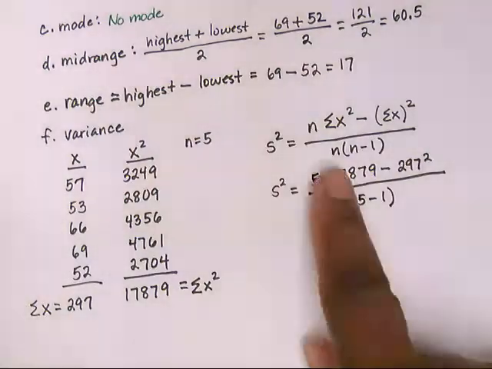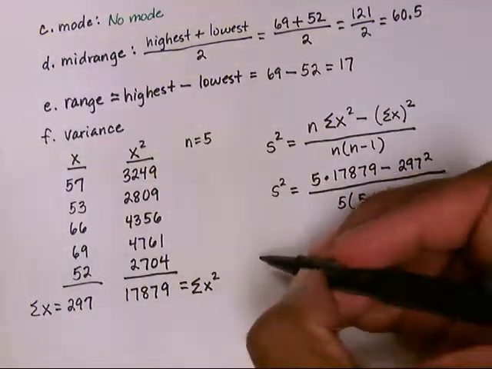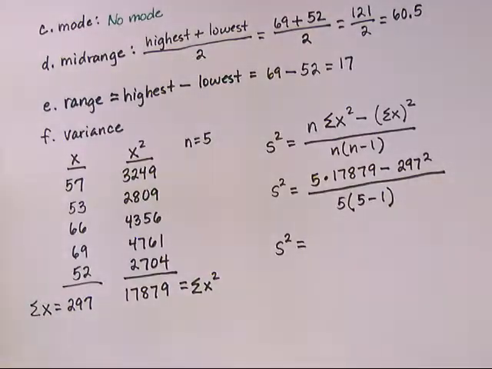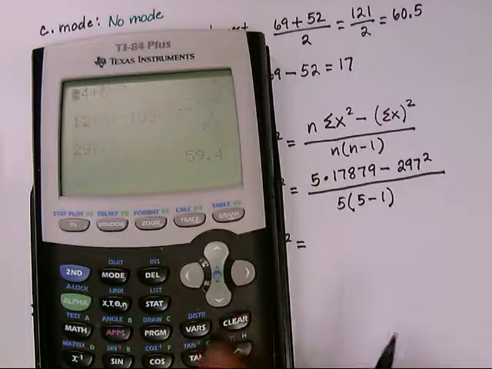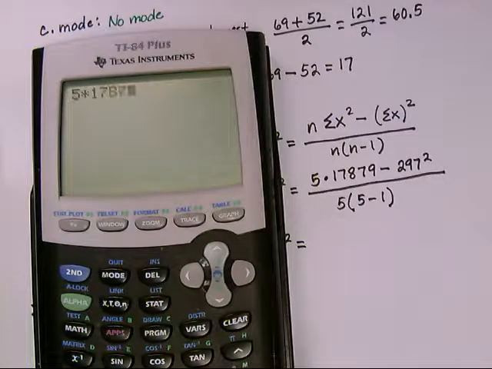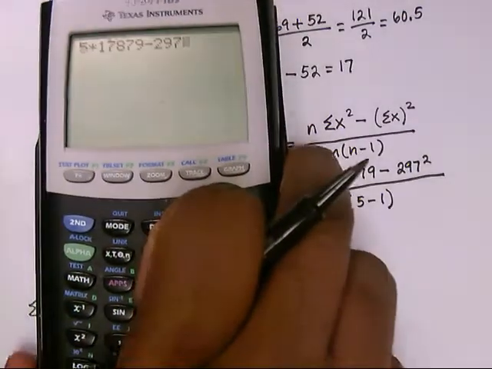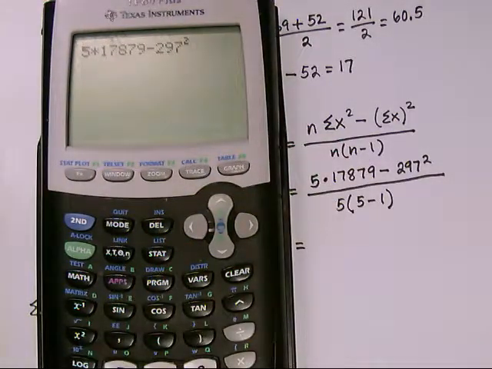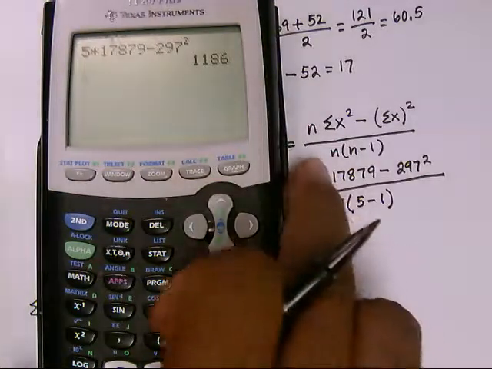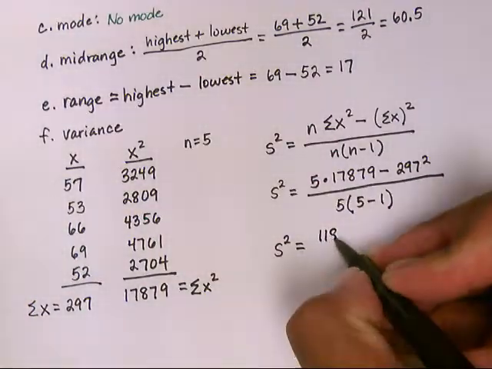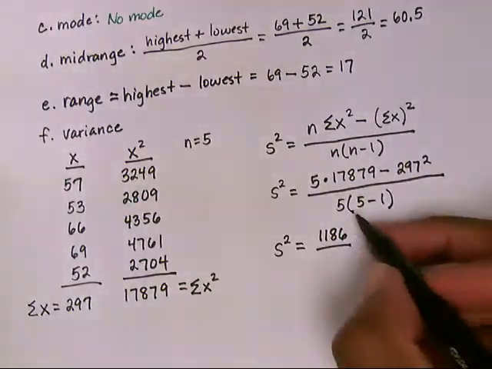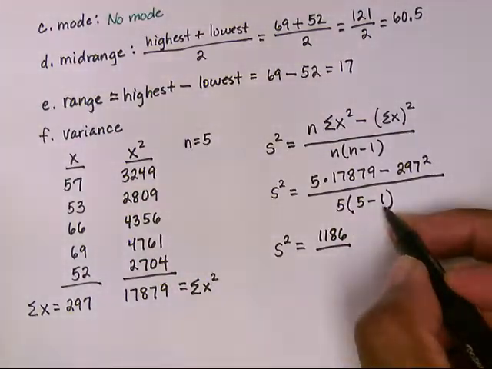And I'm going to simplify the numerator and the denominator separately. In this case, for that numerator, I do 5 times 17,879 minus 297, and then if I hit that x squared button to square it, that numerator will be 1,186. Divided by, now 5 minus 1 will be 4.